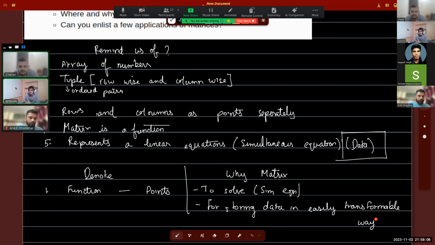To store the pixel values of an image. Okay, store the pixel values of an image. Right. What else? Ankit?